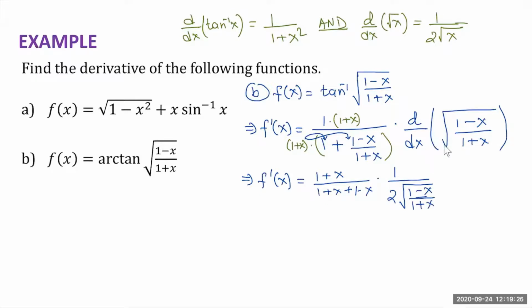Then that is the outside function. The derivative of this is the square root, the outside function. But it also has the inside function. So if there is an outside function and inside function, we have to use the chain rule. So we have to multiply by the derivative of the inside function, the derivative with respect to x of 1 minus x over 1 plus x.